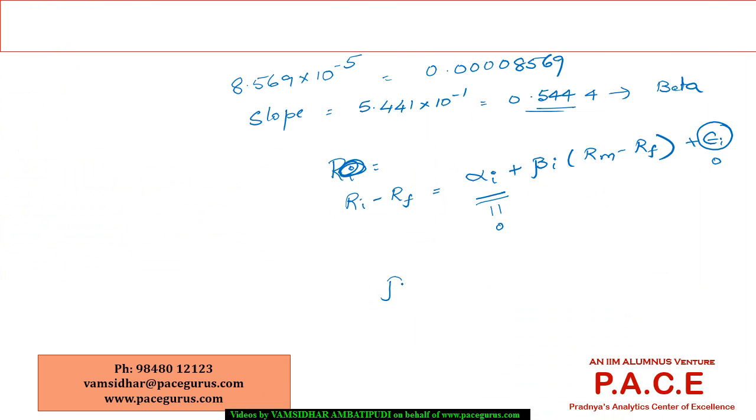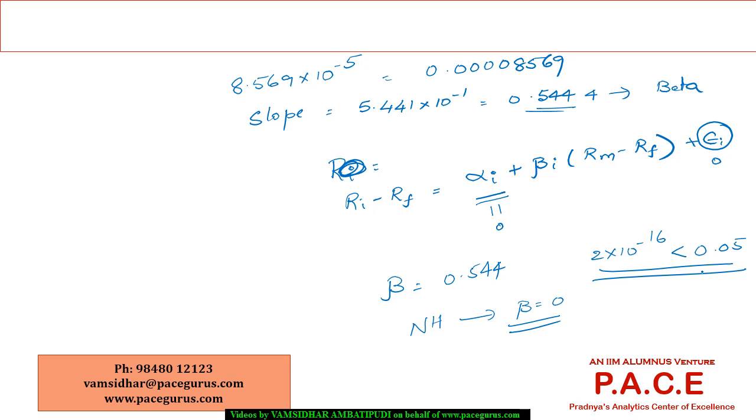So the beta value is 0.544, and I could also see that the significance level is 2 into 10 to the power of minus 16, which is less than 0.05. For this, the null hypothesis says beta equal to 0, and because the significance level is less than 0.05, I can reject the null hypothesis. So beta is not 0, beta is very much greater than 0.